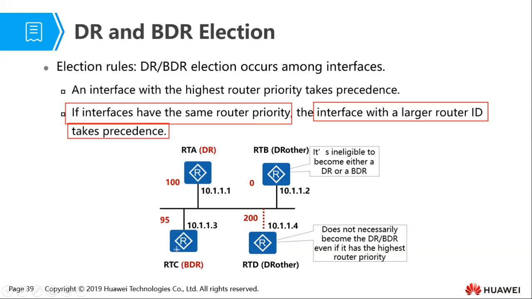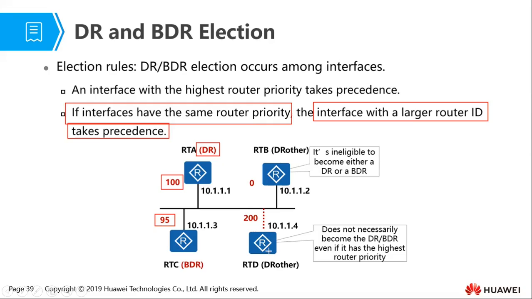Okay, so here we have RTA. It has been elected as the DR. It has a priority of 100. Then we have RTC, which has a priority of 95 and is the BDR.